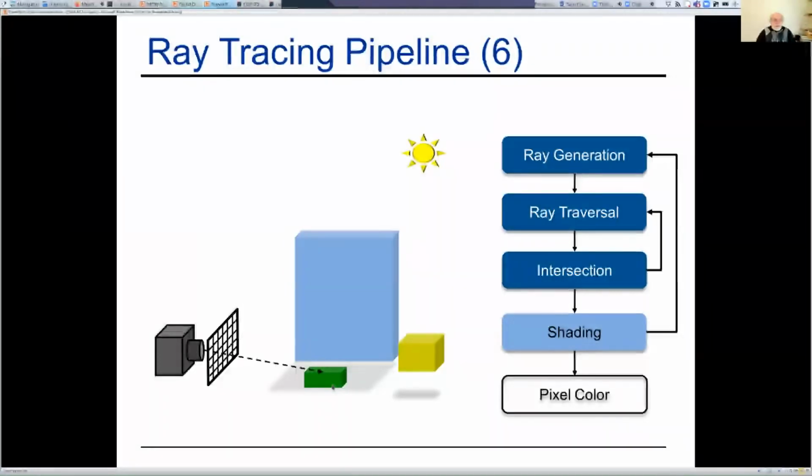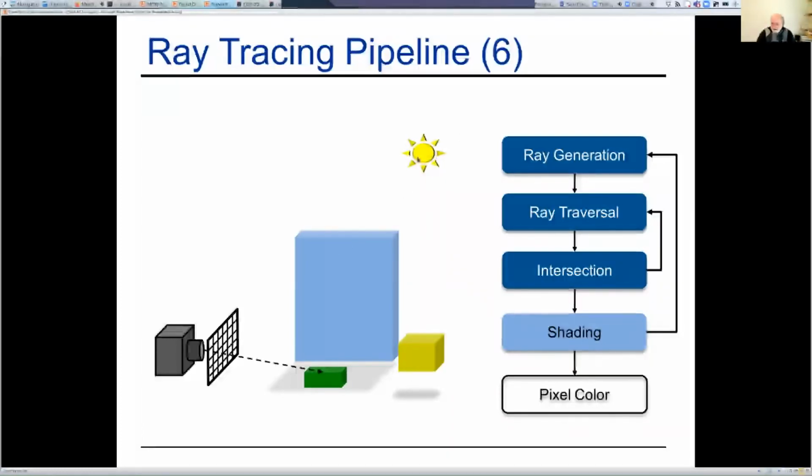Now, typically we only do one ray per pixel, but we'll talk about anti-aliasing and other techniques where you actually trace multiple rays to get better quality. We'll get there, but a bit later in this course.